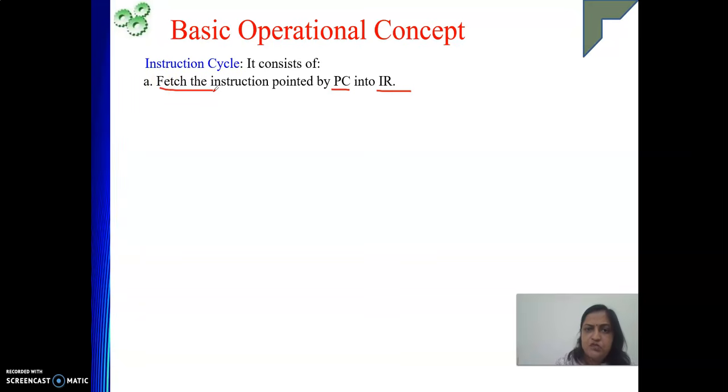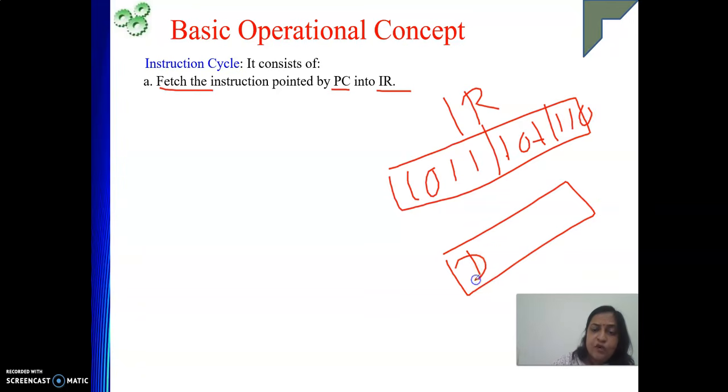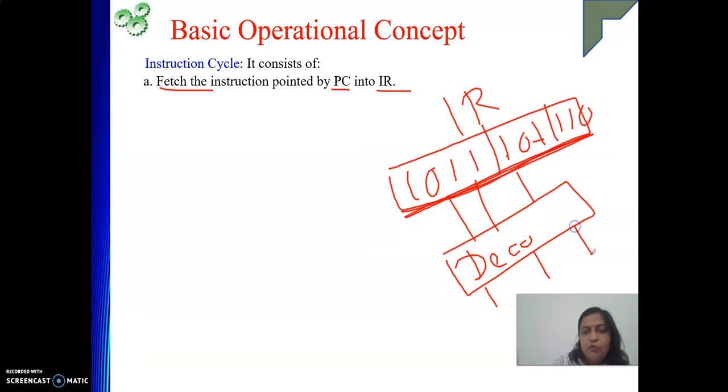After fetching the instruction, one combination of 1s and 0s, something like 1010, will be loaded into IR. Then what this 1010 is telling us to do, that we need to find out. That operation is called decoding. Whatever is there in IR is connected to a decoder, and the decoder will tell me what operation I need to perform, right?